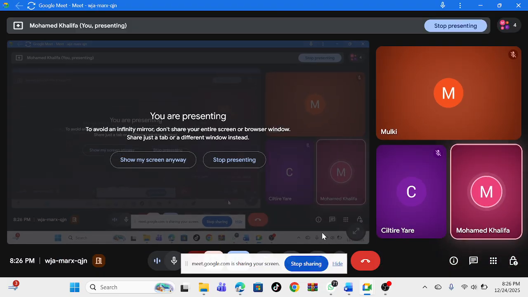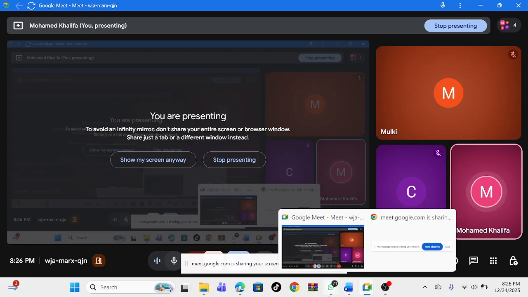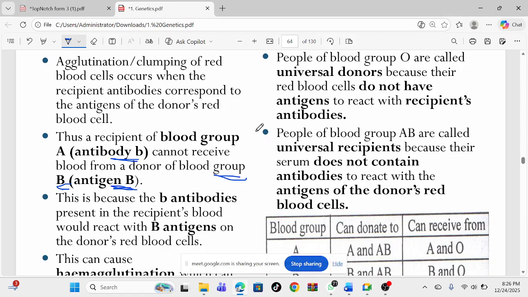Let's say Mulki has blood group A, and Iltire has blood group B. Mulki has blood group A, right? So she has antigen A and antibody B.